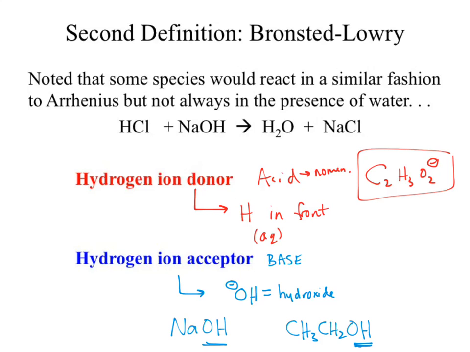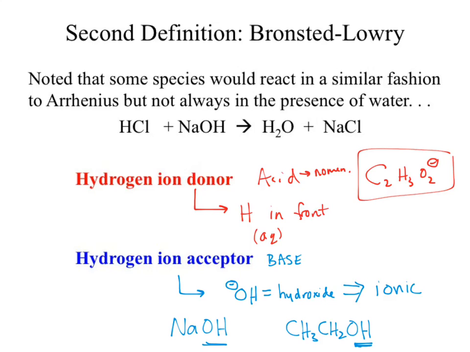Well, we said it had to have what? Hydroxide, OH minus. When do we have OH minus? When we have an ionic bond. I'll fix the spelling of ionic. When we have an ionic bond, then we can have hydroxide.